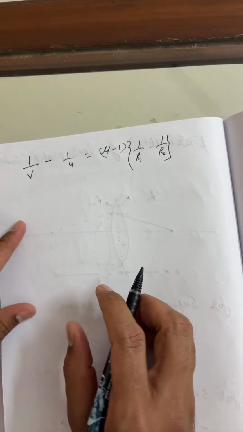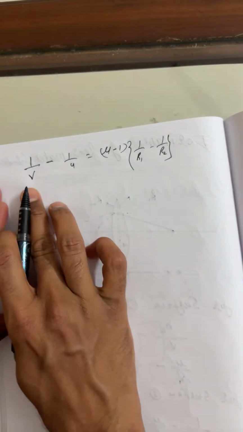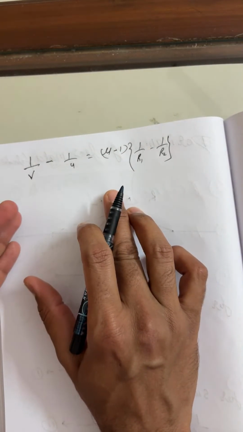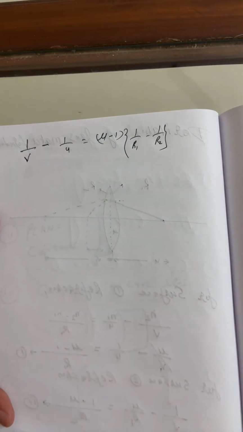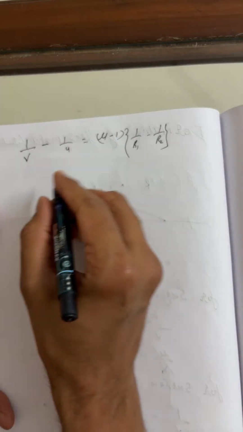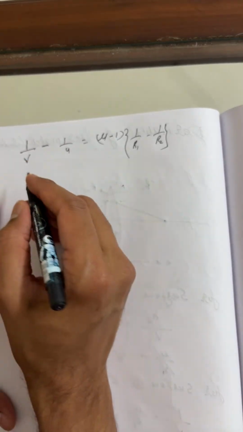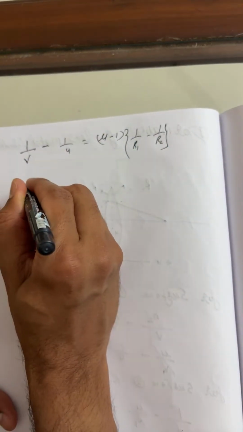Now I'm going to convert it into the lens formula. I'm considering a few assumptions, I hope all of you remember.